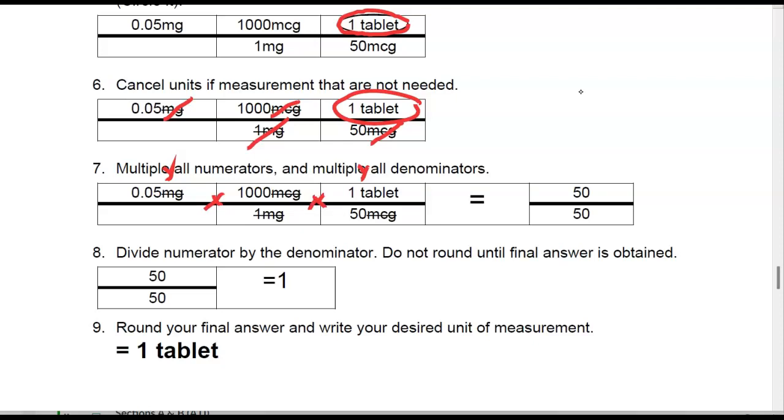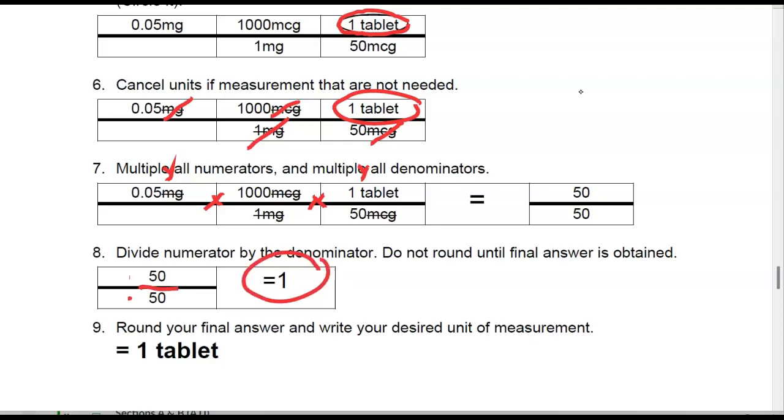So 0.05 times 1,000 times 1, we get 50. And then 1 times 50 is 50. Now we divide the numerator by the denominator. So we have 50 divided by 50, then we have 1.